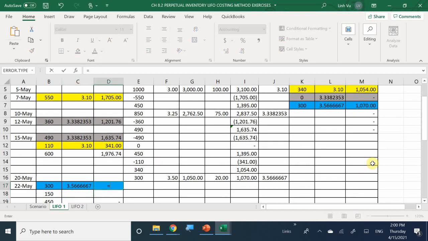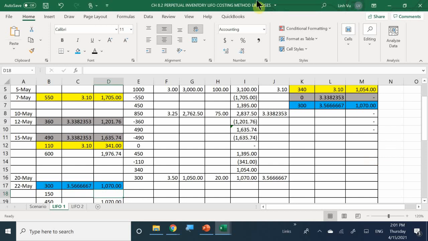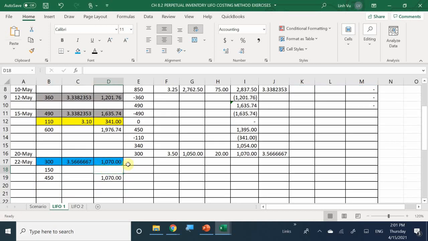But that's okay. Once again, I'm just going to do the calculations so you guys know what is here. Equals ROUND, 300 times this, comma 2, to get to 1070.